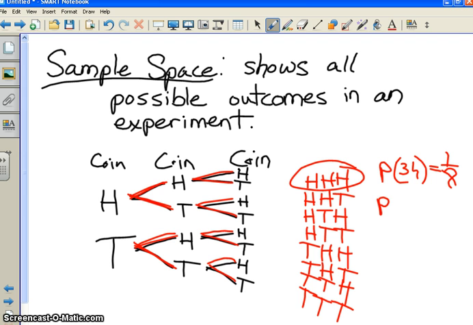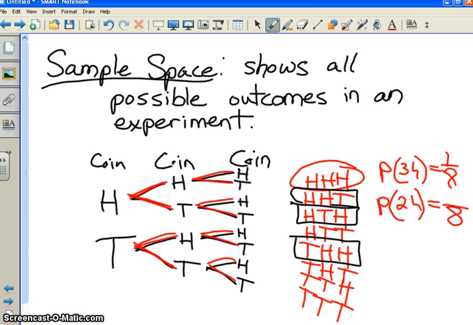The chance of me flipping 2 heads out of 3 is going to be out of 8. So here's one that I flipped 2 heads, 2 heads, 2 heads, and that's it. So 3 of the outcomes had 2 heads in them. Theoretically, I should flip 2 heads 3 out of 8 times.